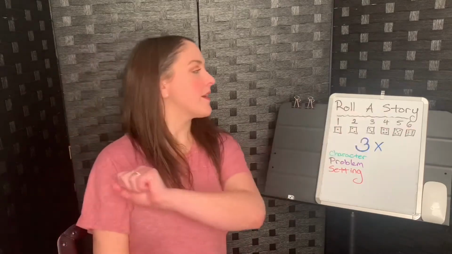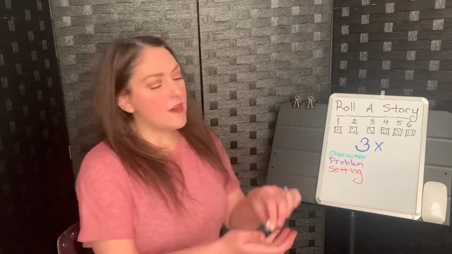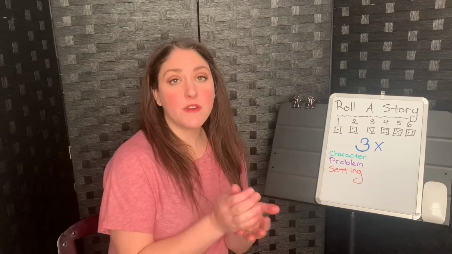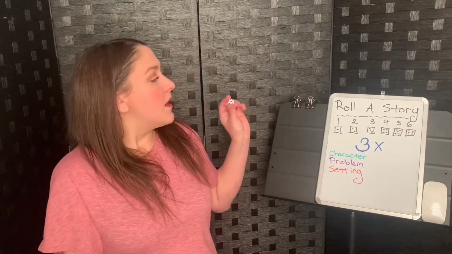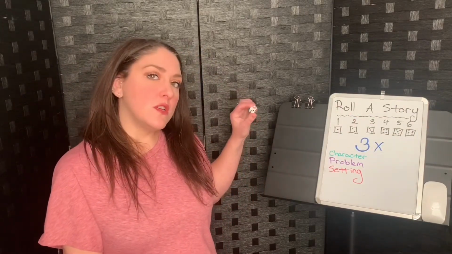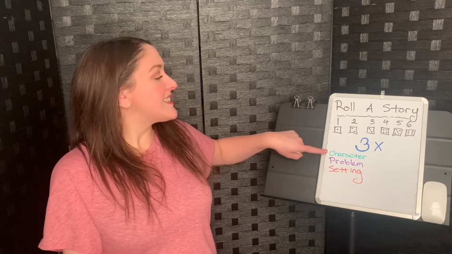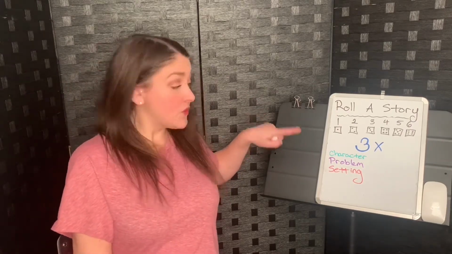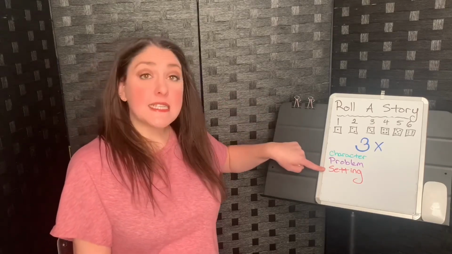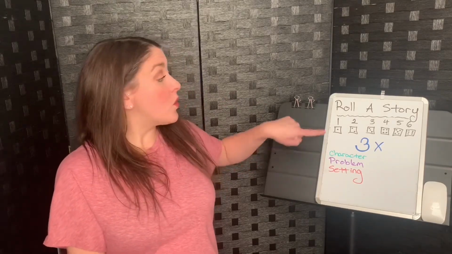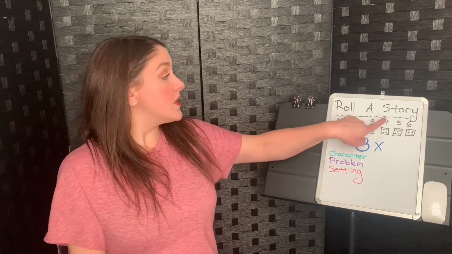Roll a Story. Now, I have a die here. If I had more than one, it'd be dice, but I've got one. It's a die. And it has 6 sides. 1, 2, 3, 4, 5, 6. Now, what we'll do is we will choose 6 characters, 6 problems, and 6 settings. We will correspond them to each of these numbers.